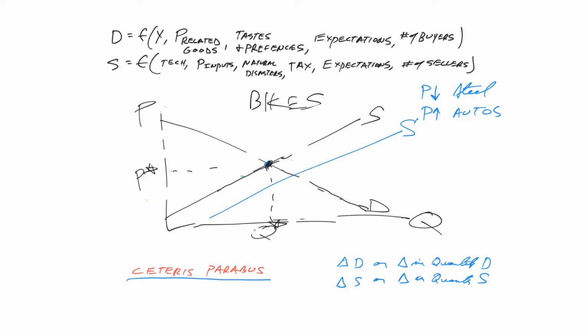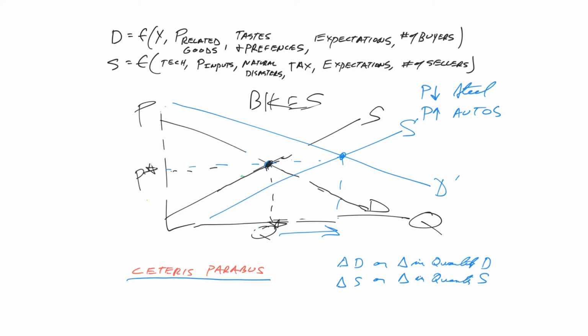If the price of automobiles goes up, well, fewer people are going to buy autos and more people are going to buy bikes. So demand shifts to the right. We have a new equilibrium. Equilibrium quantity increases.